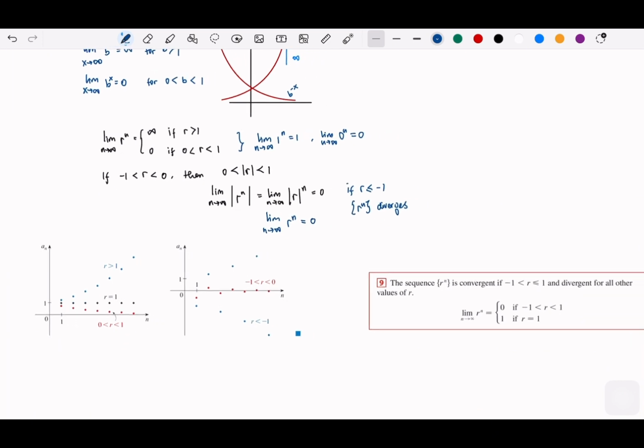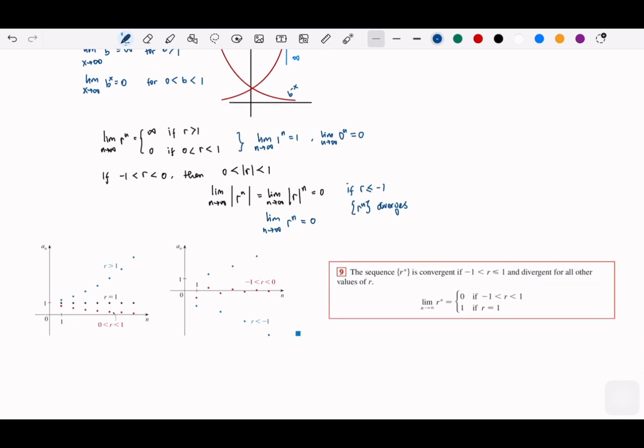And as conclusions, we have this. The limit as n goes to infinity of r to the power of n will be 0 or 1. It will be 0 if we have negative 1 less than r less than 1, and it will be equal to 1 if r is equal to 1. Outside of this, it will diverge. So it will converge between here and diverge for other areas.